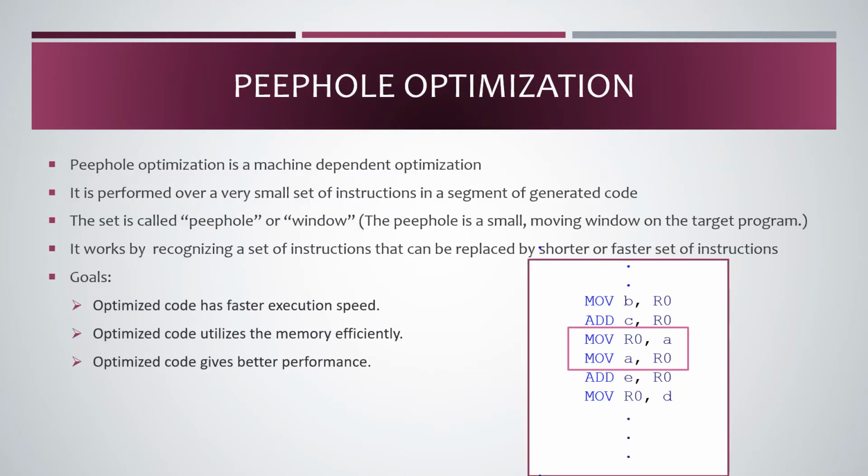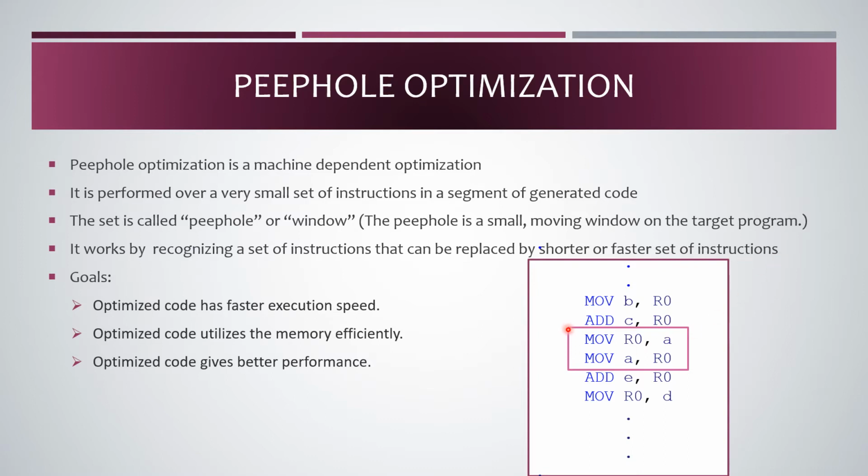So as we have said, peephole optimization is a machine dependent optimization. Here consider there is a segment of generated code. Let's see how this peephole optimization works on it. Peephole optimization works by recognizing a set of instructions that can be replaced by a shorter or a faster set of instructions.